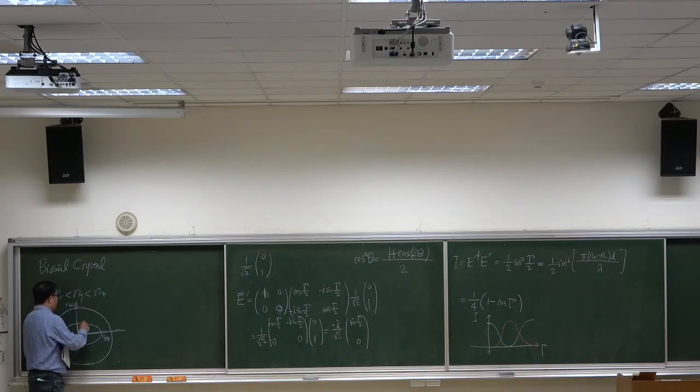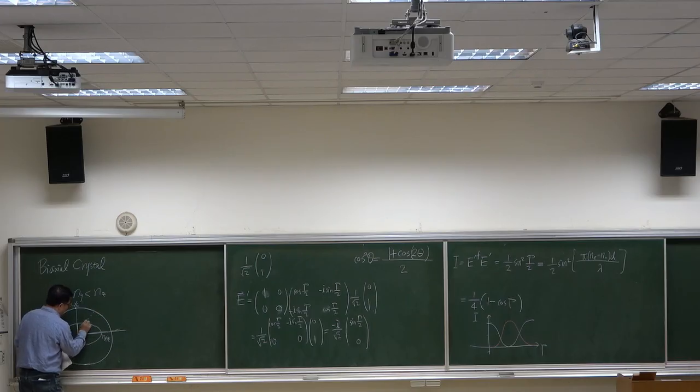Okay, and we see that this point corresponds to the situation where the b vector is pointing along the z-axis, and the k vector is pointing along an arbitrary propagation direction, because this is a sphere.